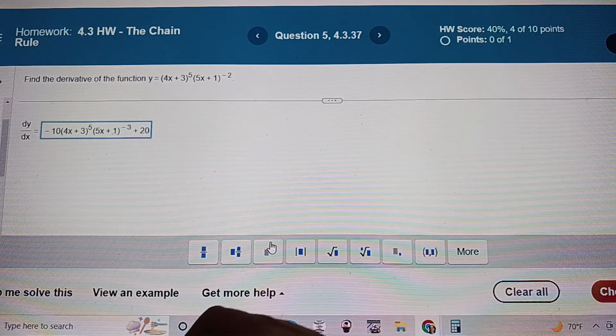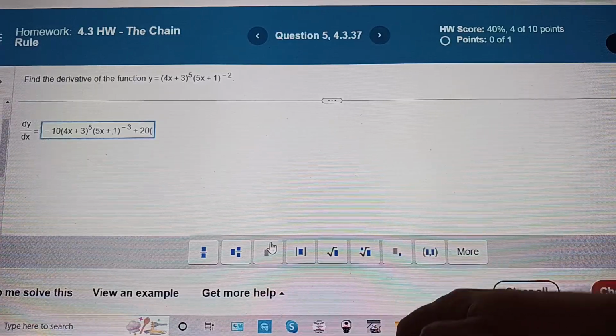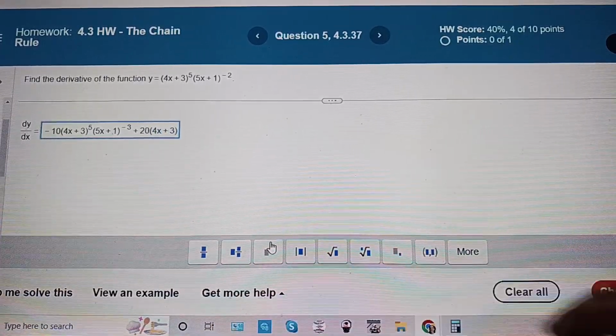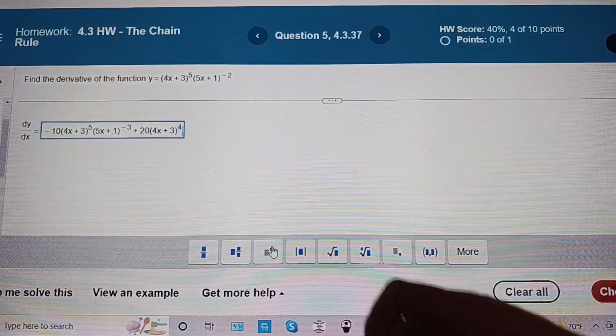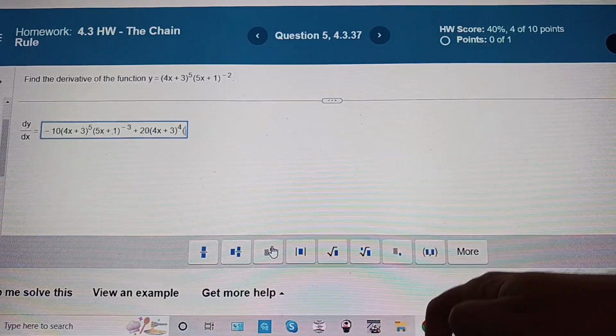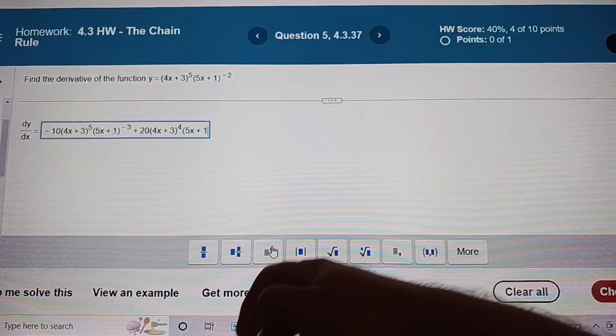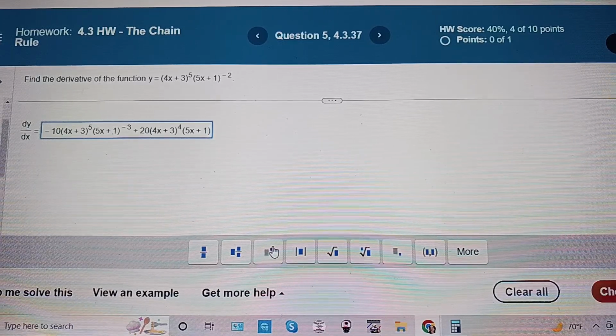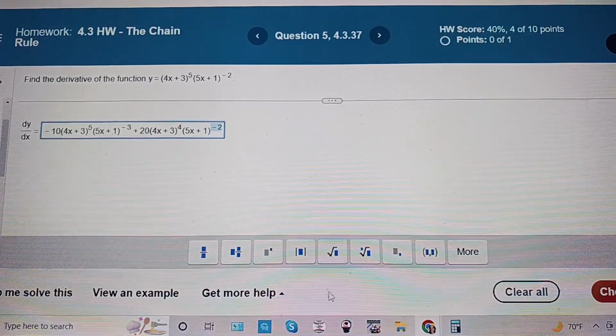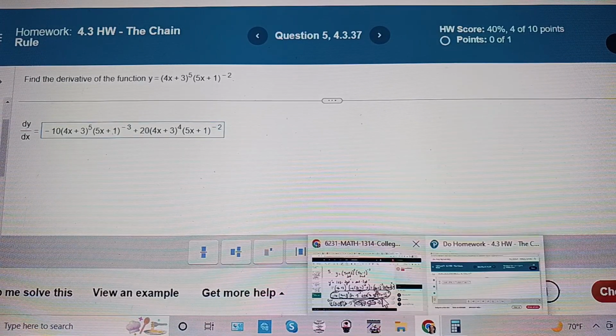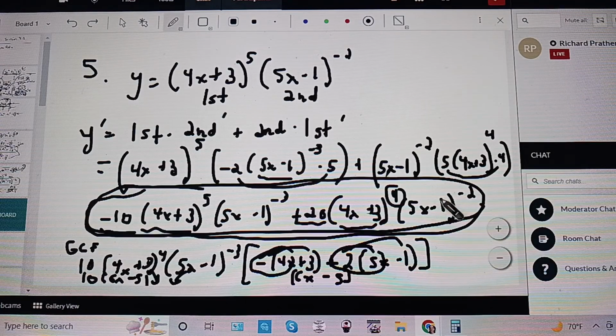Plus 20, the 4x plus 3 here had a fourth power, and the 5x plus 1, this one had the negative 2, I believe. Let's check that. 4x negative 2, yeah.